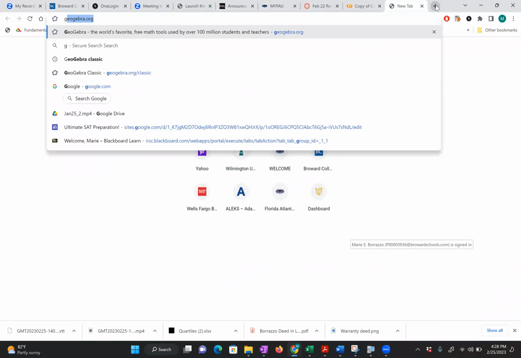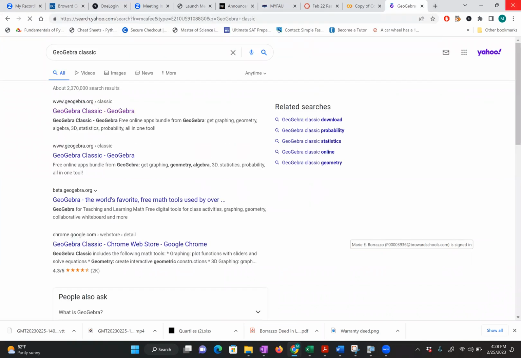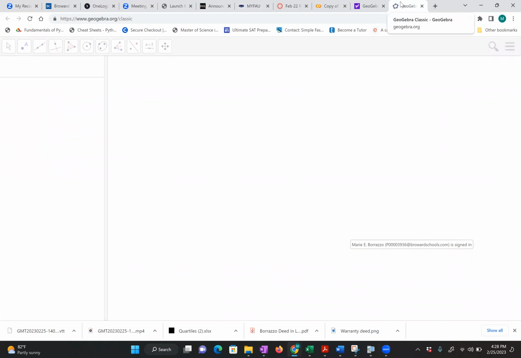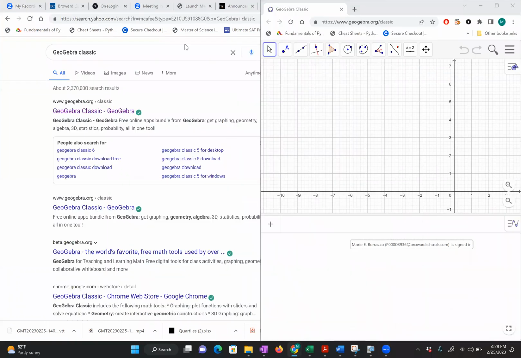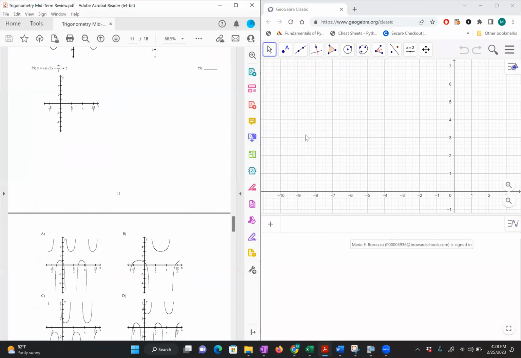What a great little free tool to have. I like GeoGebra Classic, so that's the one I'm going to use. And you can start to see what I keep telling you guys relative to being able to differentiate between the two. There we go.